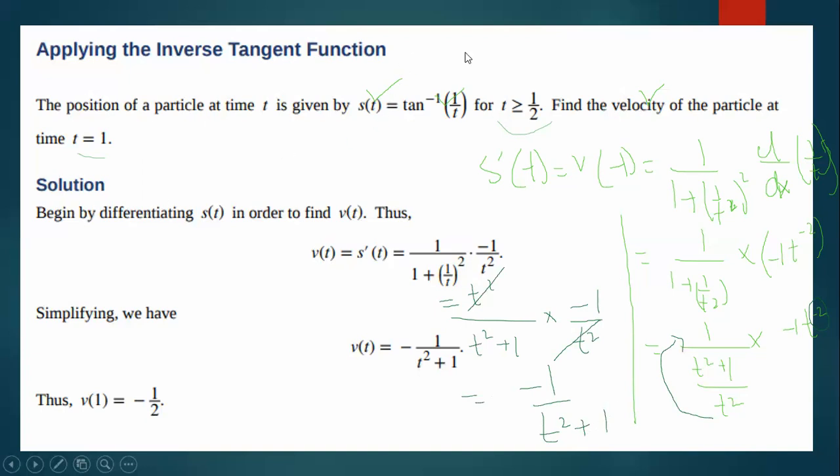After this, what do we do? We put t equals 1 in our function. Putting t equals 1, it will be -1/(1 plus 1), so it will be -1/2. This is the value of v at time t equals 1.